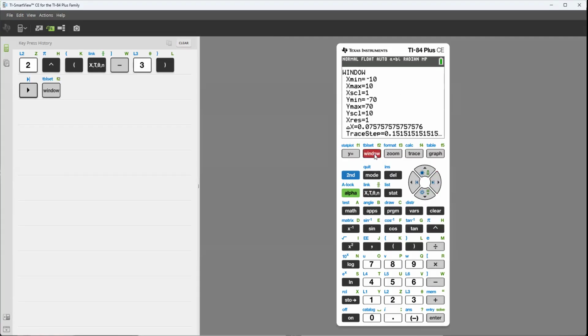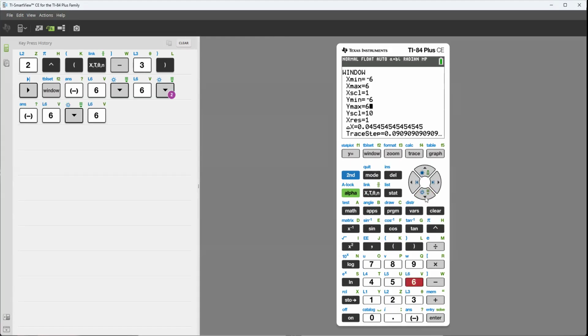The window was -6 to 6. And I'm going to go by ones on those. -6 to 6 on the y values. And I'll go by 1 on those. So the SCL is just a scale. How many numbers do you want each tick mark to represent? So those were all going by 1, it looked like.